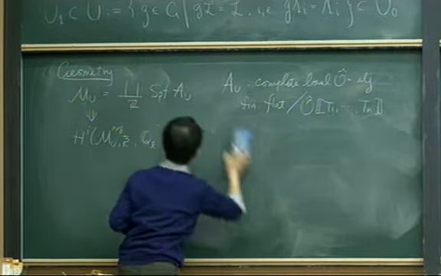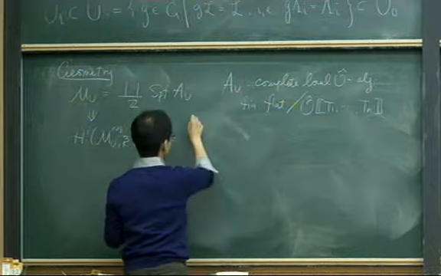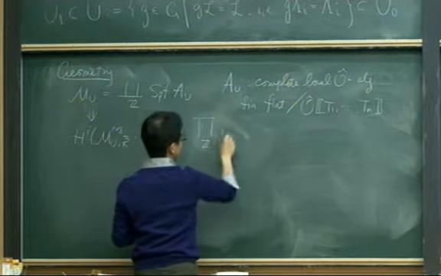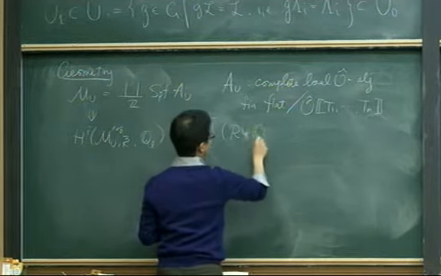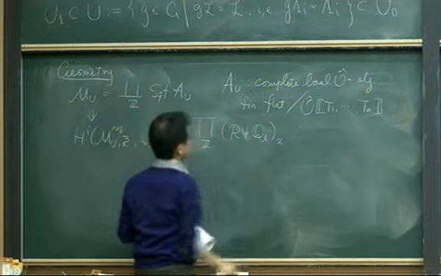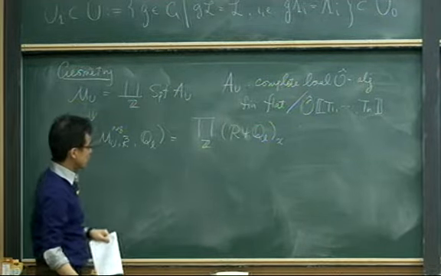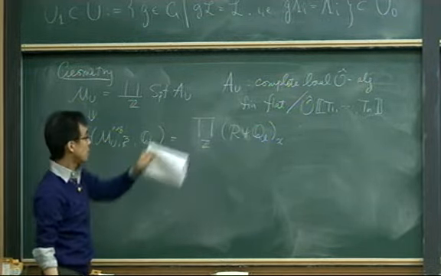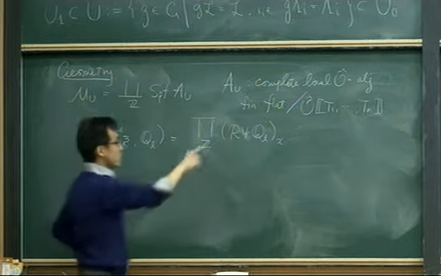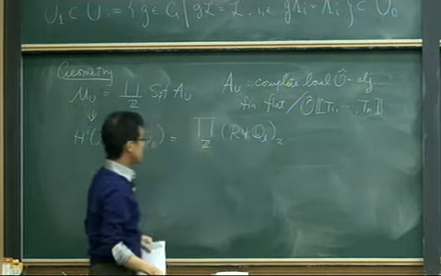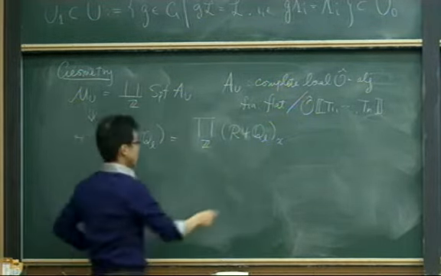So this is, I don't know why. Because complete local rings are strictly Henselian, and complete local O-hat algebras are strictly Henselian.